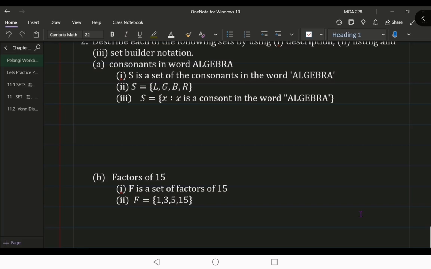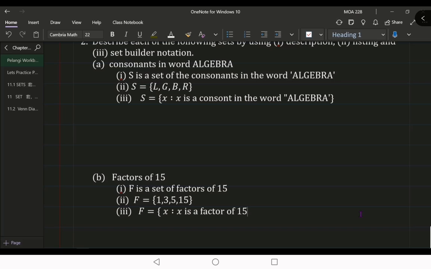Okay, so set builder notation you are going to go for this one. So how to write set builder notation? F is a set of x, with x an element of the integers, where x is a factor of 15.